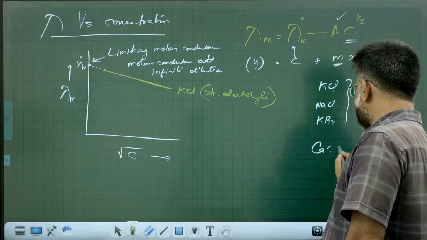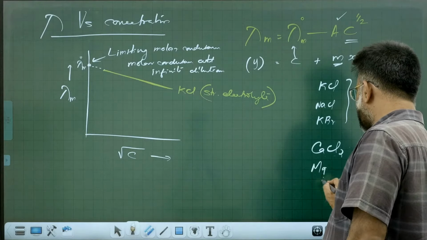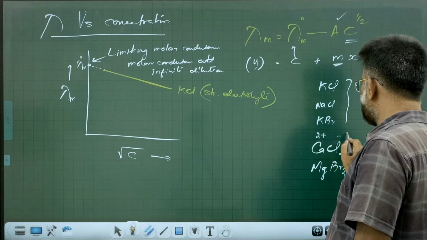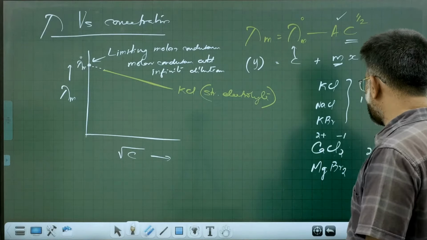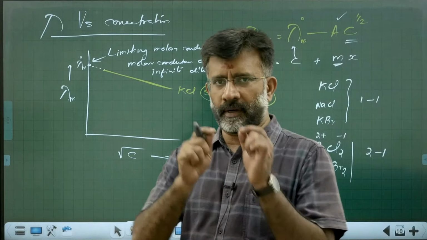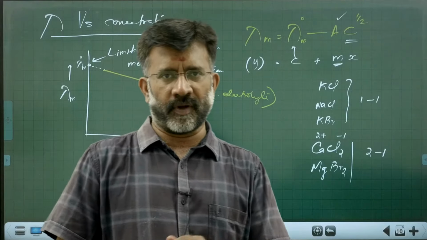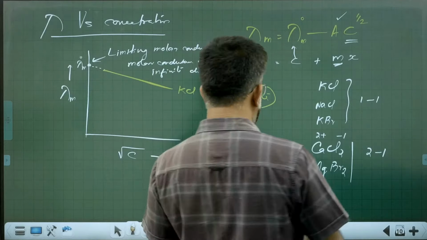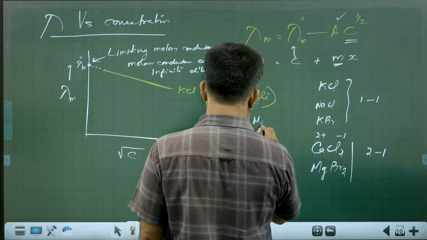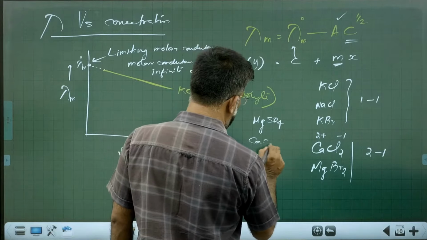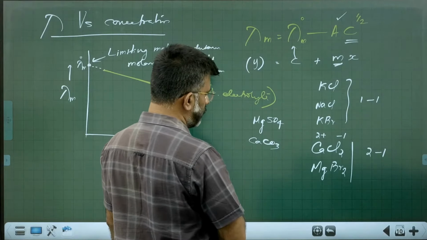Suppose you are taking CaCl2 or MgBr2, it is 2 plus, 1 minus, a 2,1 type electrolyte. For a particular type of electrolyte, the A value will be fixed: 1,1, 2,1, 2,2 and so on. For example, MgSO4 is a 2,2 type electrolyte, and CaCO3 is a 2,2 type electrolyte.